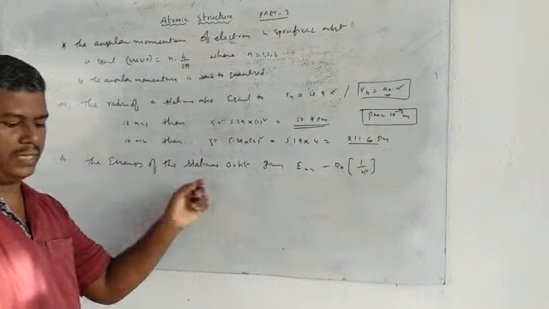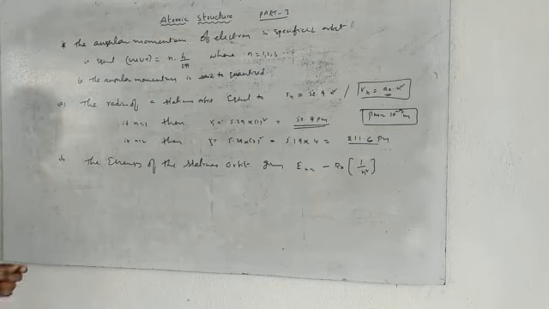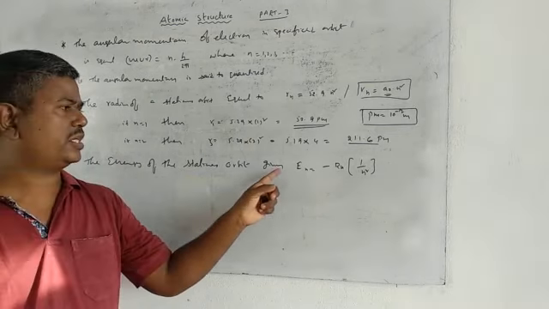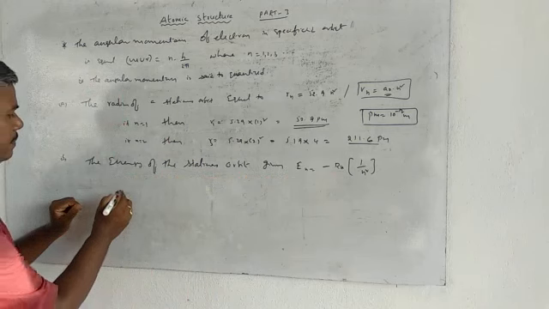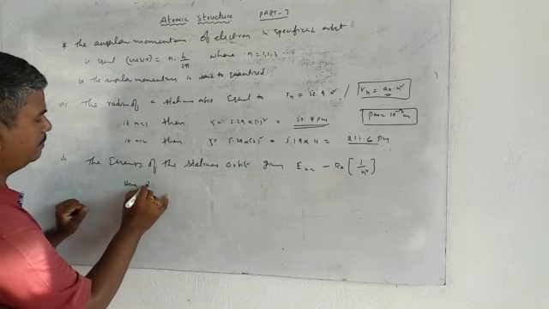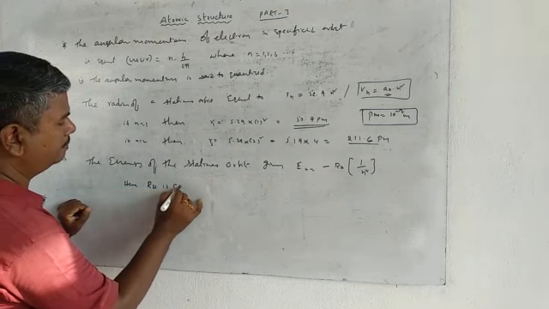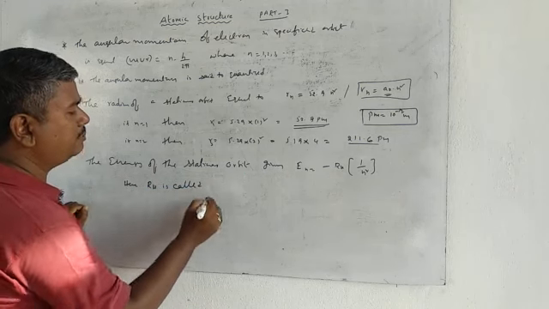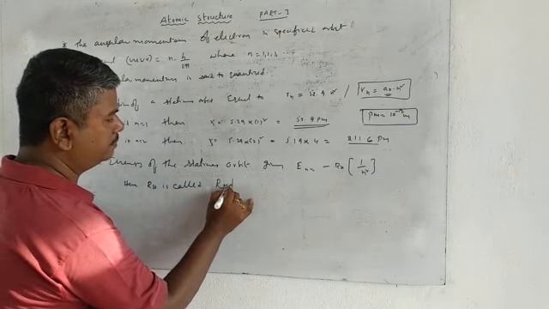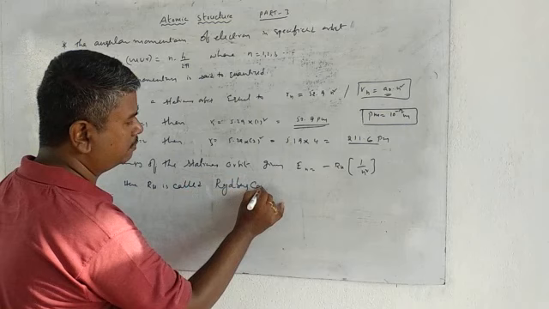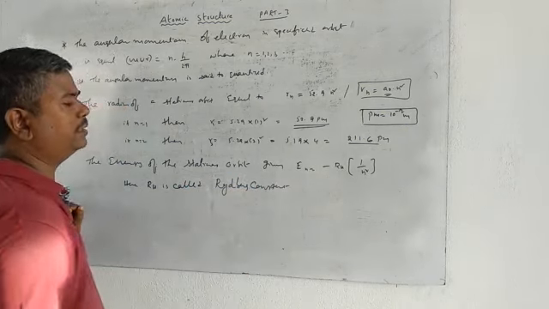That is the energy of the stationary orbit. Here, RH is called the Rydberg constant.